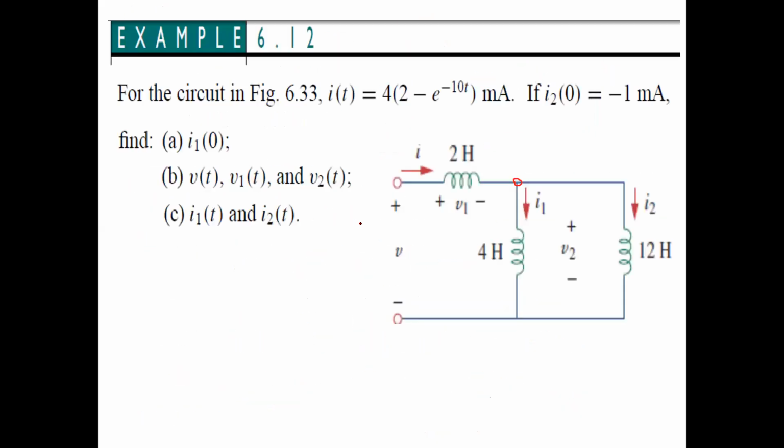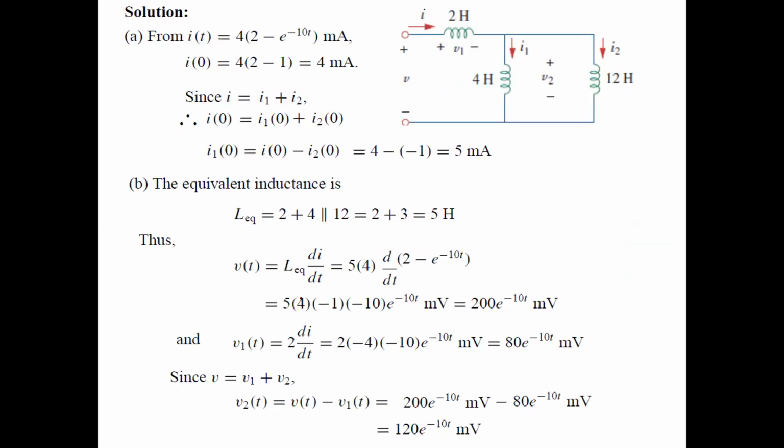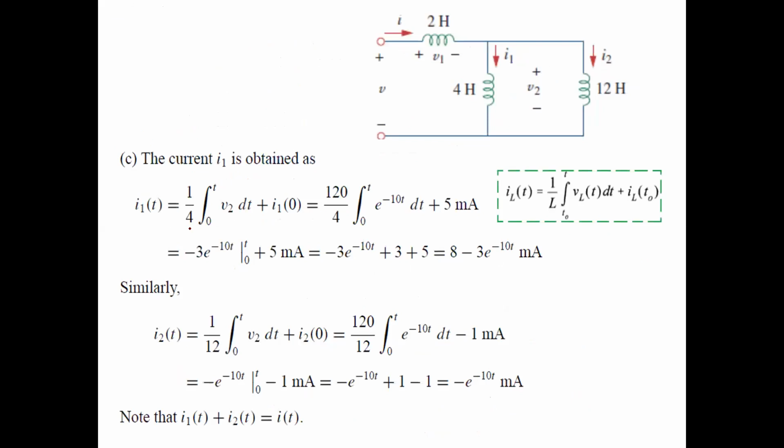Now for part C, you have to find the currents I1(t) and I2(t). I1(t) is very easy, as you all know the formula. I1(t) is the current through the 4 Henry inductor: 1 by L, and instead of L you can put 4 Henry, integration from 0 to t, plus the initial value of I1, of V2 dt.